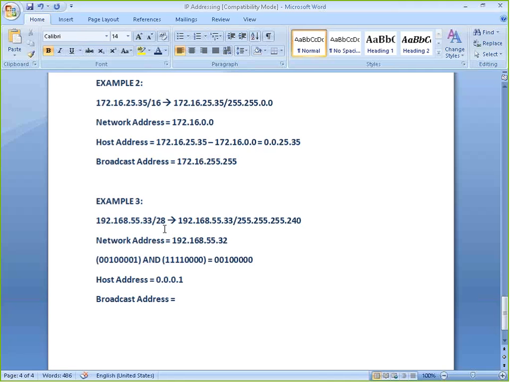According to the example, the CIDR notation for the subnet mask is /28. So according to that, we are talking about 28 network bits and 4 host bits. You're supposed to look at the subnet mask. The subnet mask is /28. /28 means 28 network bits and 4 host bits. Do you understand?